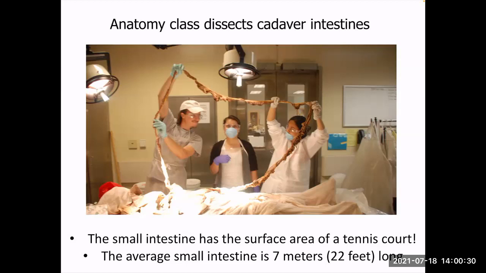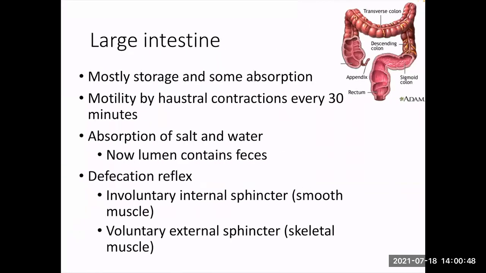So very, very long. If you were to open up and completely stretch out all of this tissue of the small intestine, it would have the surface area of a tennis court. So very, very impressive. So now we're done with the small intestine.